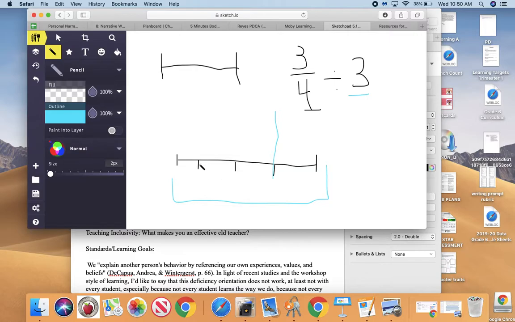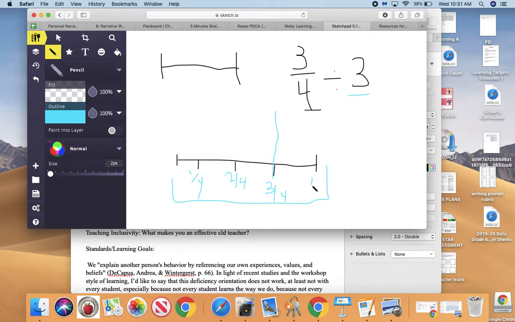1 must be worth 1 out of the total. So this one would be 1/4. This one would be 2/4. This one would again be 3/4.